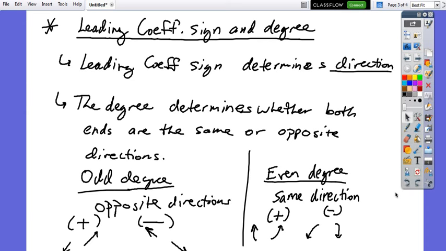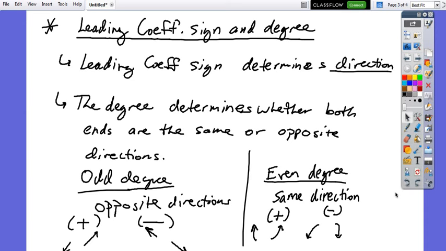Notice I left some space in between these little arrows because there's a lot of stuff that could be going on in between. So they're doing opposite directions, but one goes for a positive leading coefficient, up to the right, down to the left. For a negative leading coefficient, it's going to be up to the left, down to the right, just the opposite. If your degree is even, you're going to be moving in the same direction with your arrows.